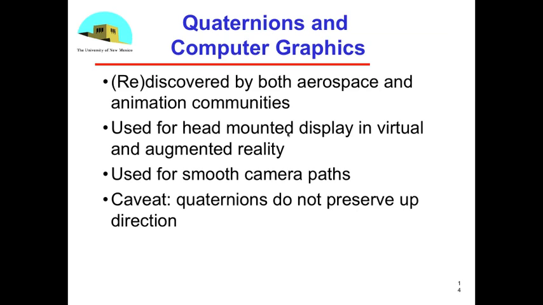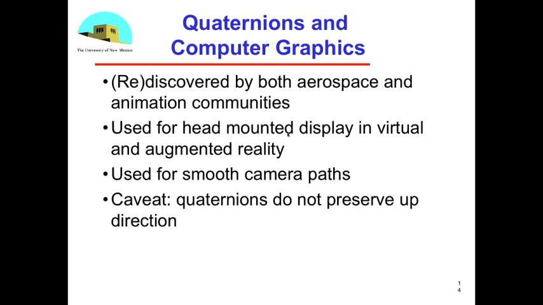But it doesn't solve all of the problems. And one of them is that if you do rotation about x, rotation about y, rotation about z, it's very easy to keep the up direction. So imagine that you're moving a camera around some path and you're making a movie, either a real movie or an animation. You generally want the up direction to remain unchanged.